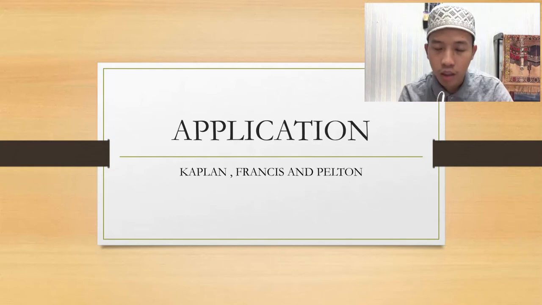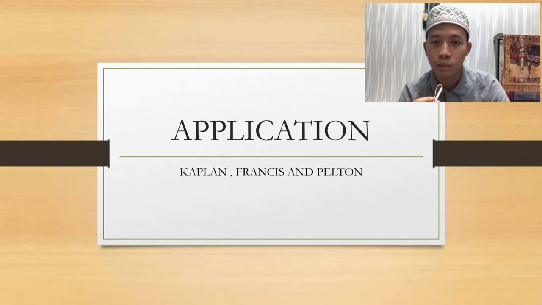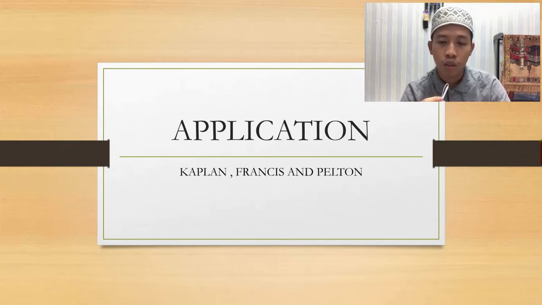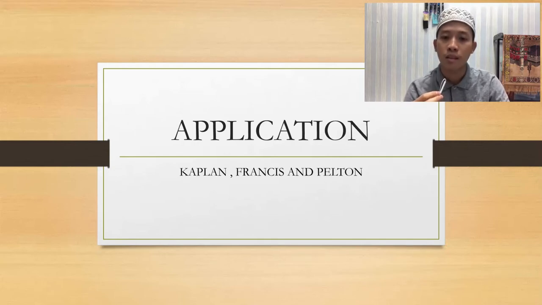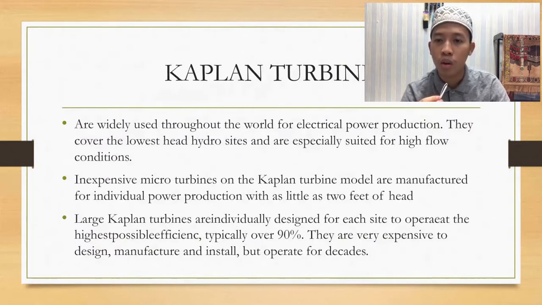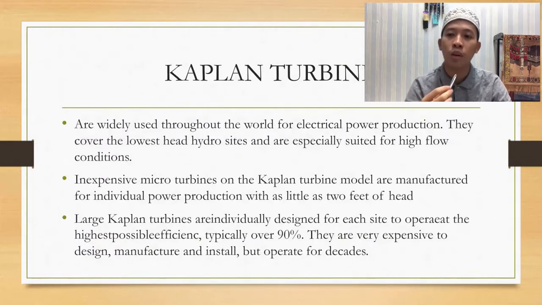Okay, so next I will tell you about the applications. For the applications, I will tell you one by one: Kaplan turbines, then Francis turbine, and the last is Pelton turbines. Kaplan turbines are widely used throughout the world for electrical power production.